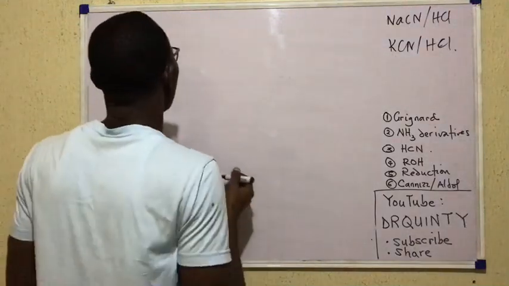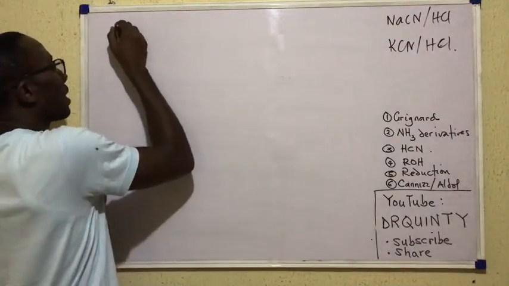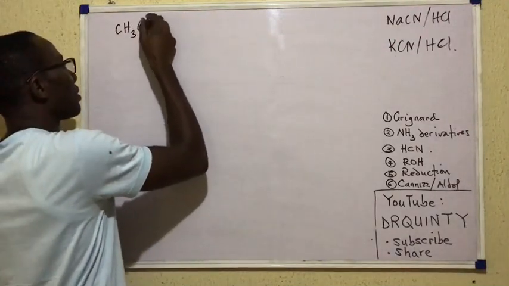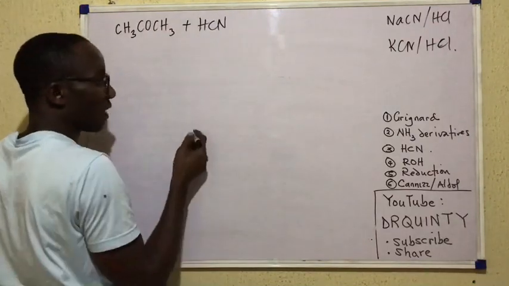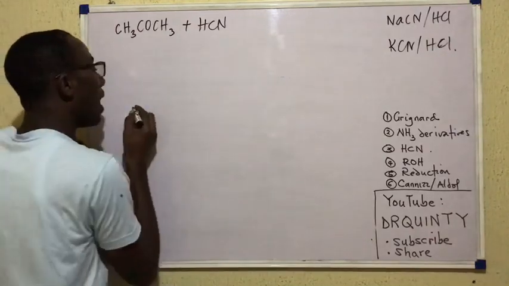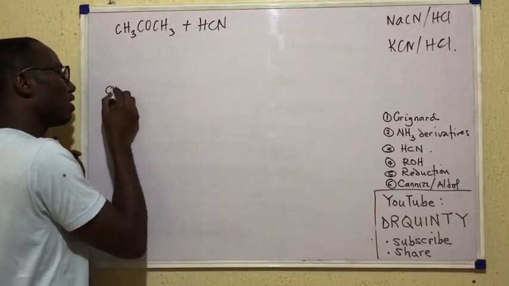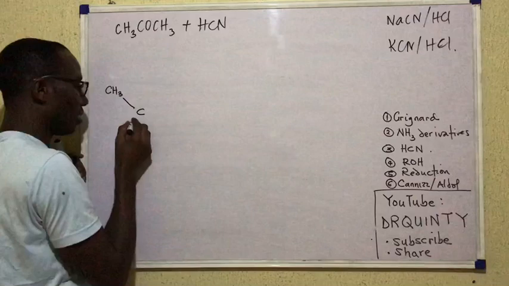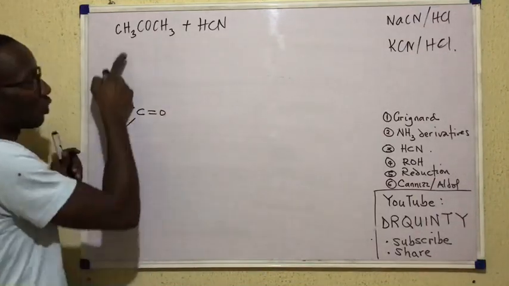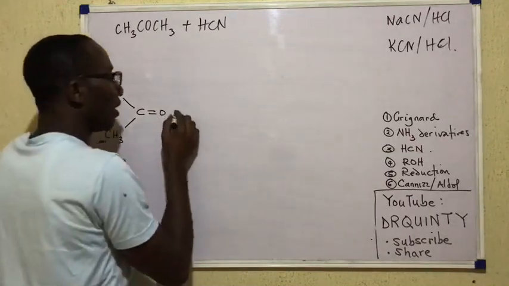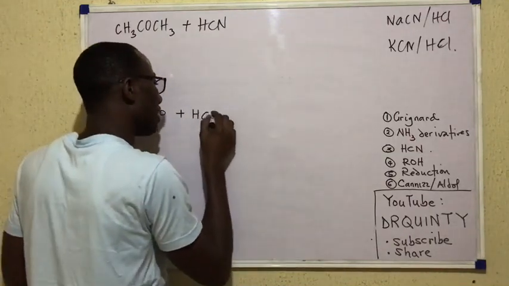So that if I were given a question like CH3COCH3 plus HCN, then I could write this reaction as CH3COCH3, so this is that compound, plus HCN.